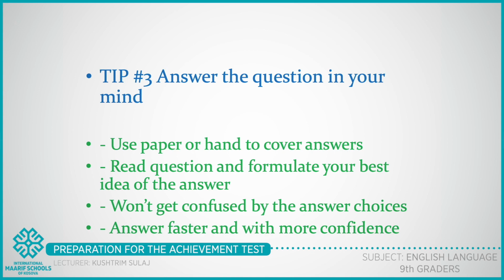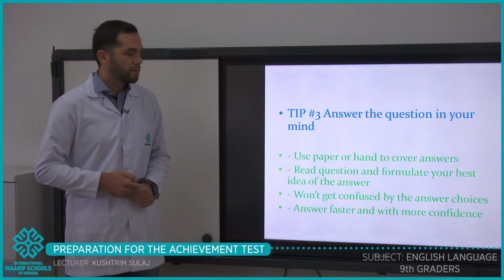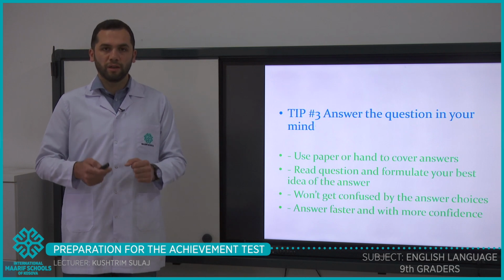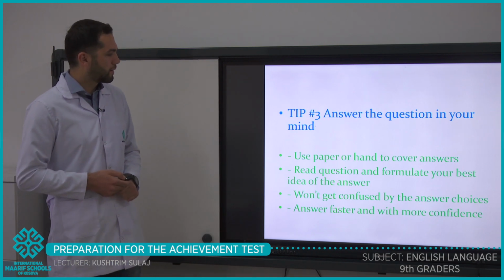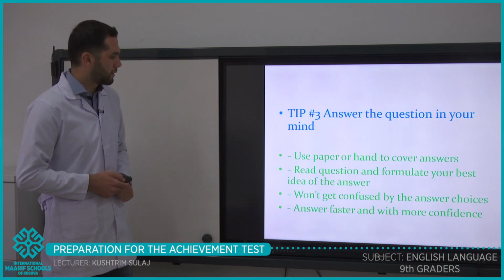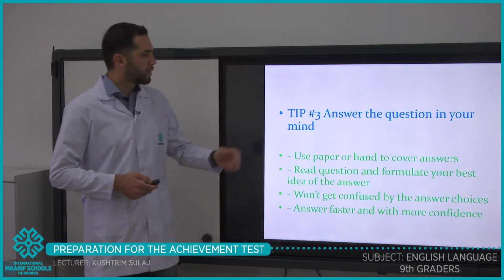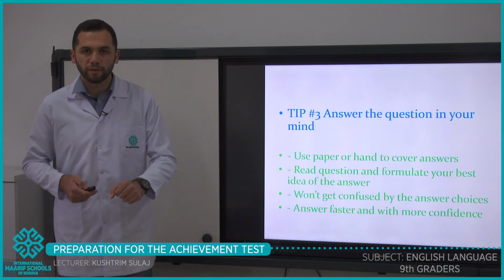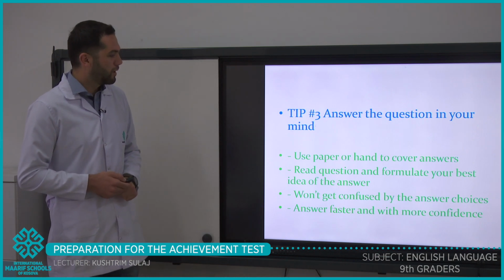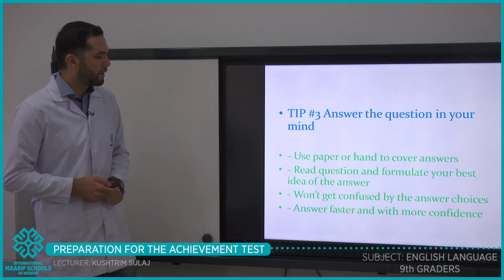Tip number 3, answer the question in your mind. Sometimes the options confuse you because they may be similar to each other, and it's a good thing to practice this. For example, you can use your paper or hand to cover the answers, and then read the question and formulate your best idea of the answer.